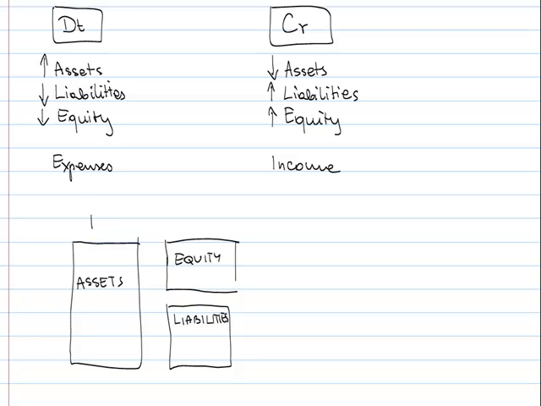So these will all be debits, these will all be credits. However, one thing to remember is that within equity, one part of equity is the profit. Because any profit that the company makes belongs to the company's owners. So profit is part of equity.